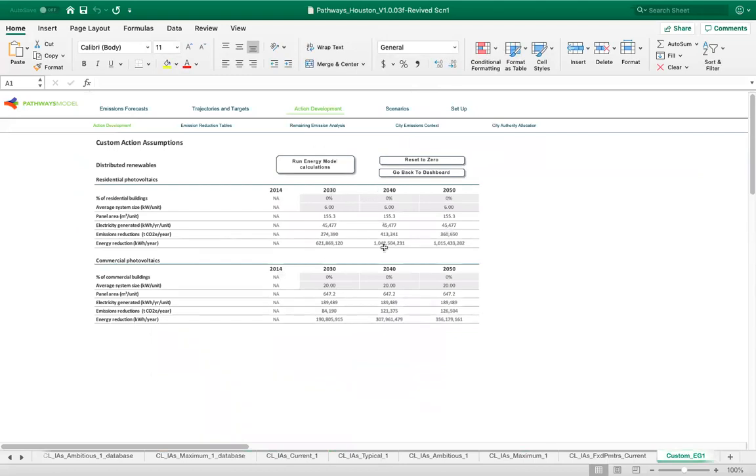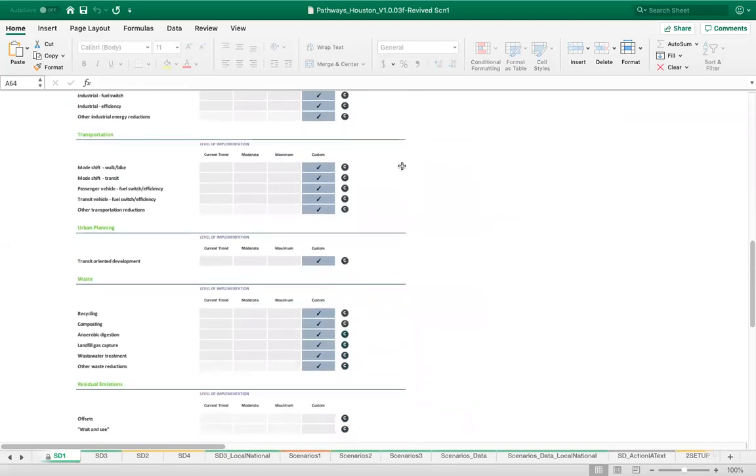For each of the years that are reported, you specify the average number of residential buildings that have a PV unit, what the size of the unit is, and then you get some reported values. The gray cells are always the user input values, and the white are the reported values. And it's broken down by residential and commercial.